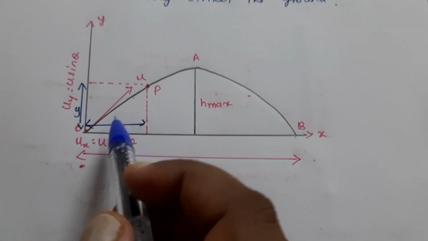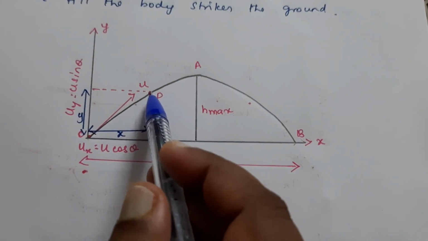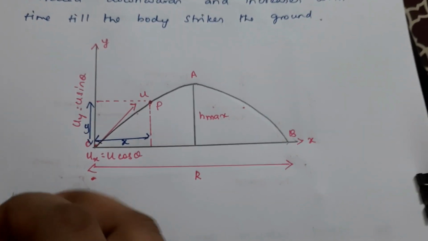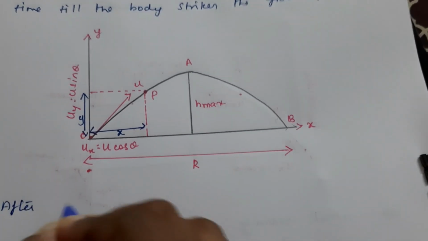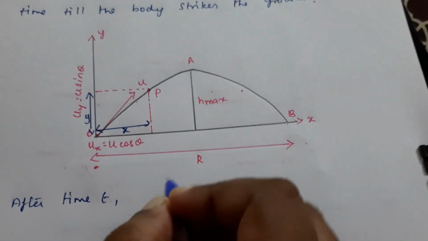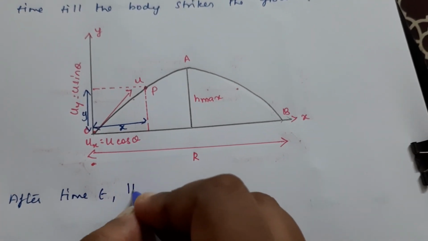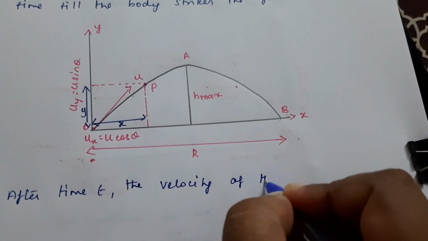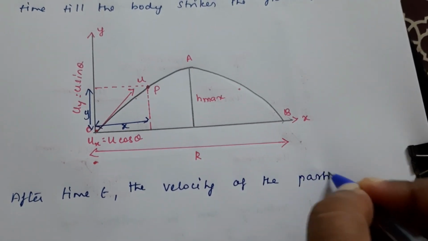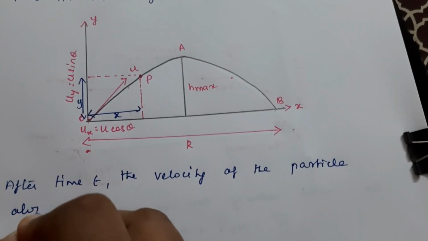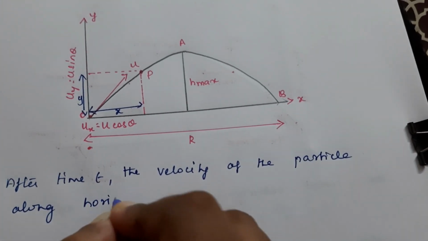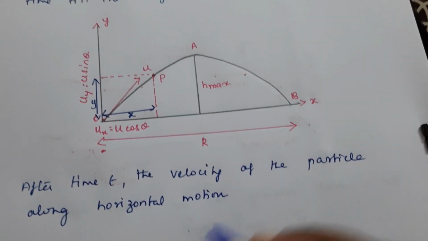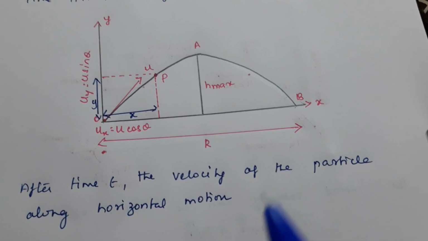Now we are going to find the velocity of the particle at P, along the horizontal motion. So at P, what is the horizontal velocity?